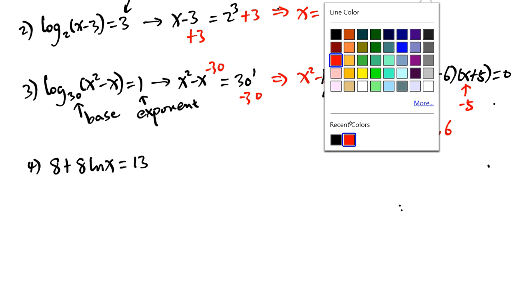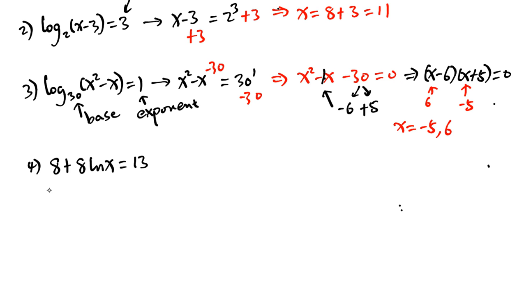Now the strategy here is to isolate x, leave x alone. So you subtract 8 on both sides.